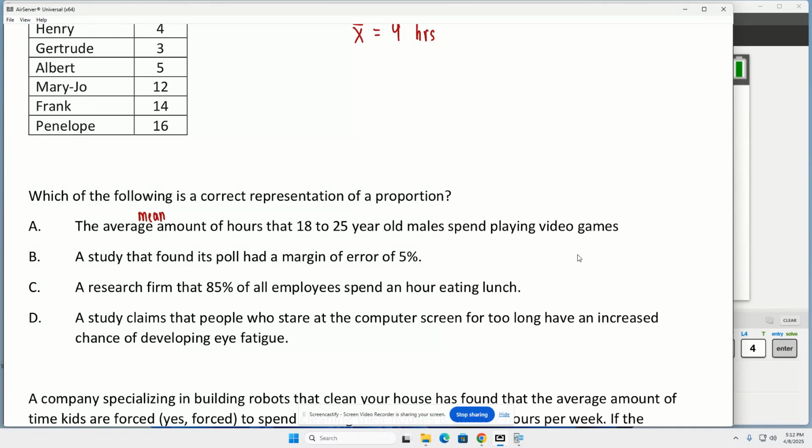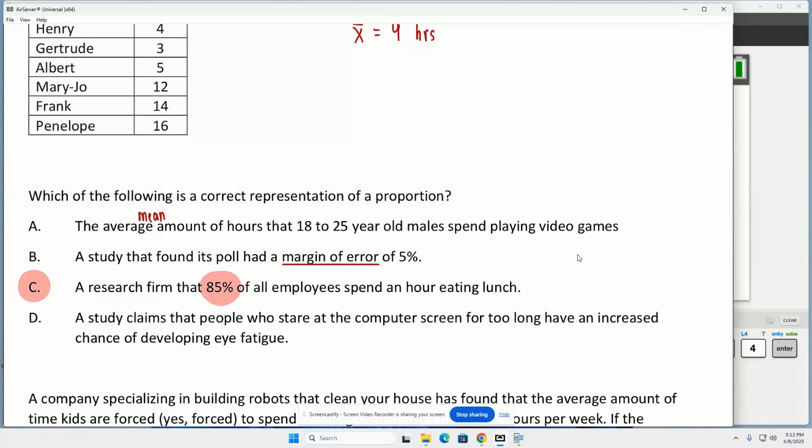B, a study that found its poll had a margin of error of 5%. Again, this says margin of error. That's not proportion. C, a research firm that found that 85% of all employees spend an hour eating lunch. There is a percent. 85% eat lunch. So it's got to be C.